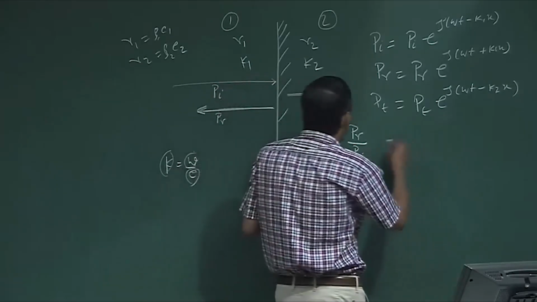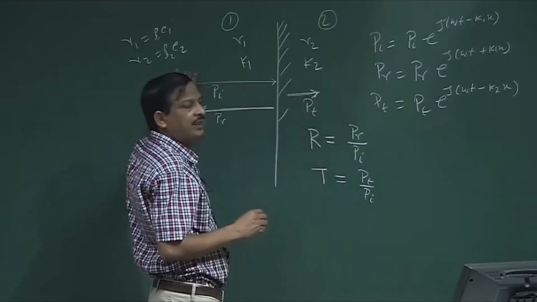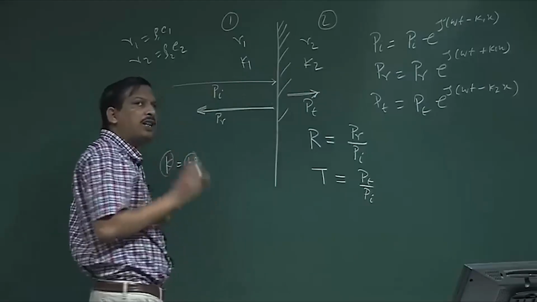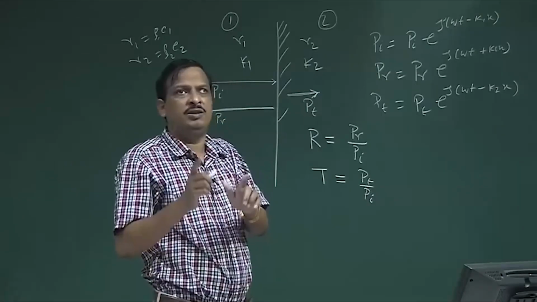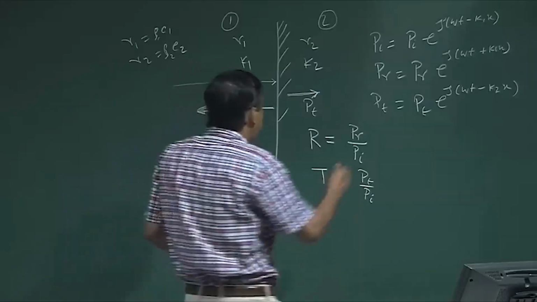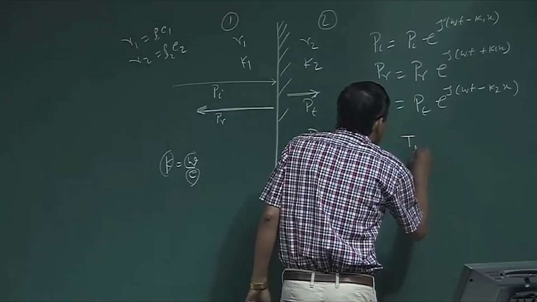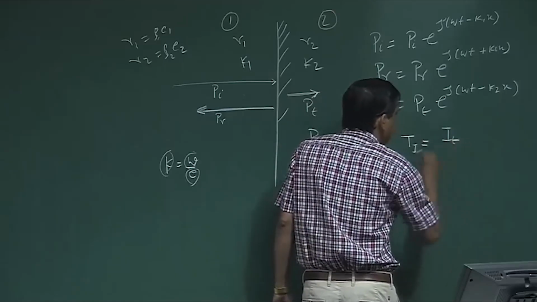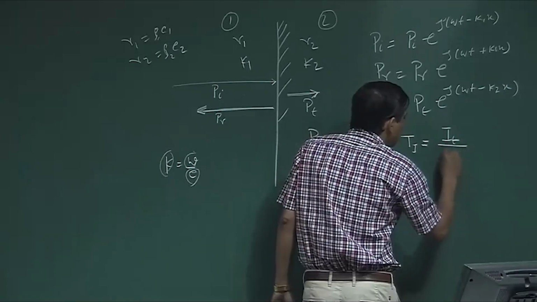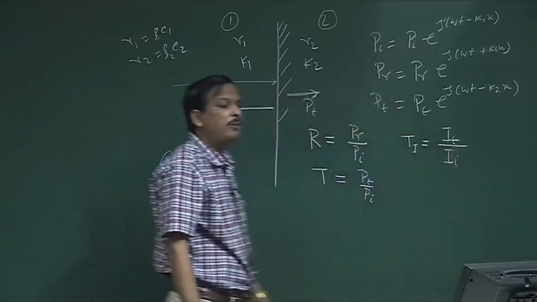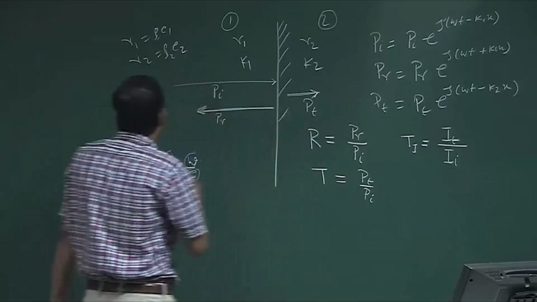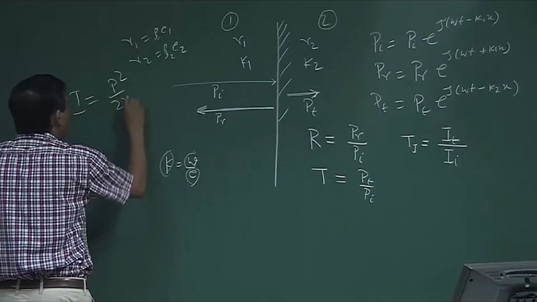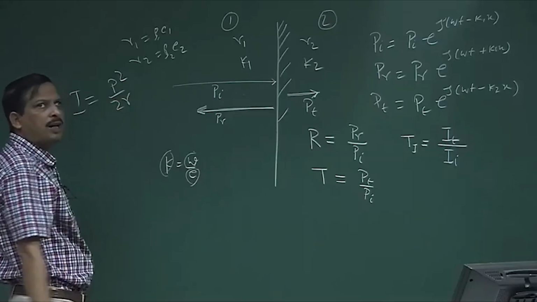Now, what amount of intensity will be transmitted and what amount will be reflected? I want to find the intensity coefficient of the incident wave. If Ti is the transmitted intensity coefficient, it is the transmitted intensity divided by the incident intensity. The intensity I is p square by 2 rho c, that is, p square by 2r.